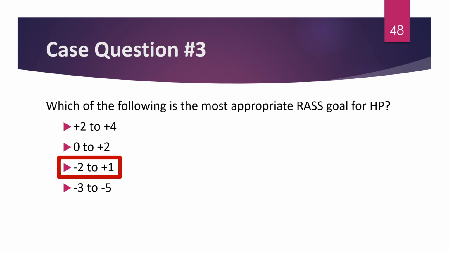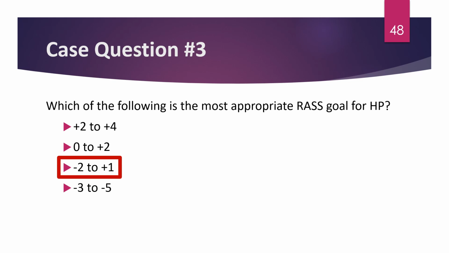+2 to +4 would indicate extreme agitation. That would not be great for a RASS. 0 to +2 would be awake to alert to basically agitated, and we don't want the patient to be extremely agitated. A little bit restless, or +1, is acceptable because restlessness can be tolerable for some people.